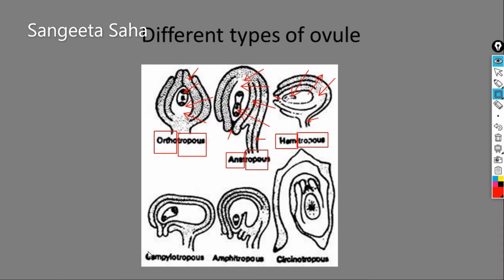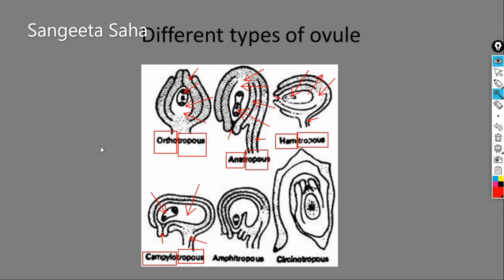Next type of ovule is the campylotropous. Campylos means curved and tropous means turned. If you see the structure here, this one is the micropyle, this one is the embryo sac, this is the funicle, and this is the nucellus.